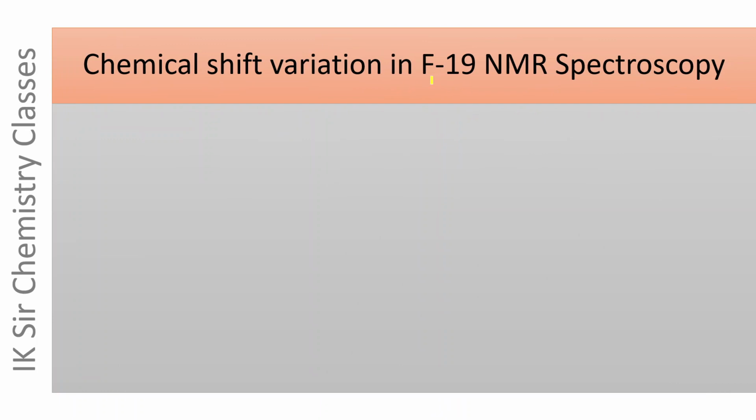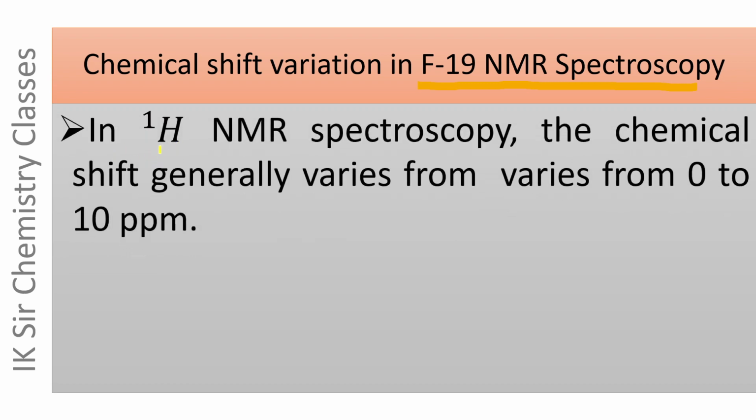Chemical shift variation in F-19 NMR spectroscopy. In H1 NMR spectroscopy, that is in PMR spectroscopy, the chemical shift generally varies from 0 to 10 ppm.